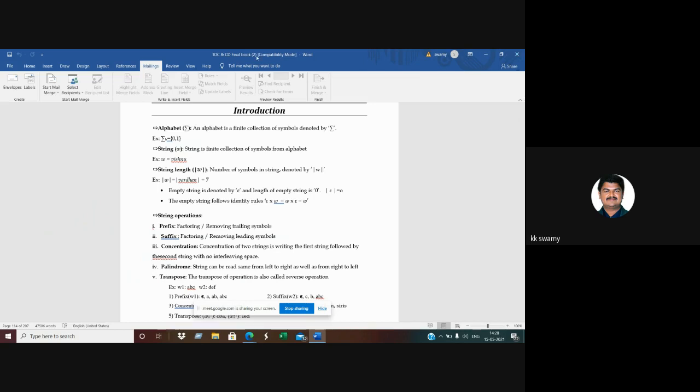That's why if I take sigma equals {0, 1}, that means for a binary language the alphabets belong to 0 and 1.